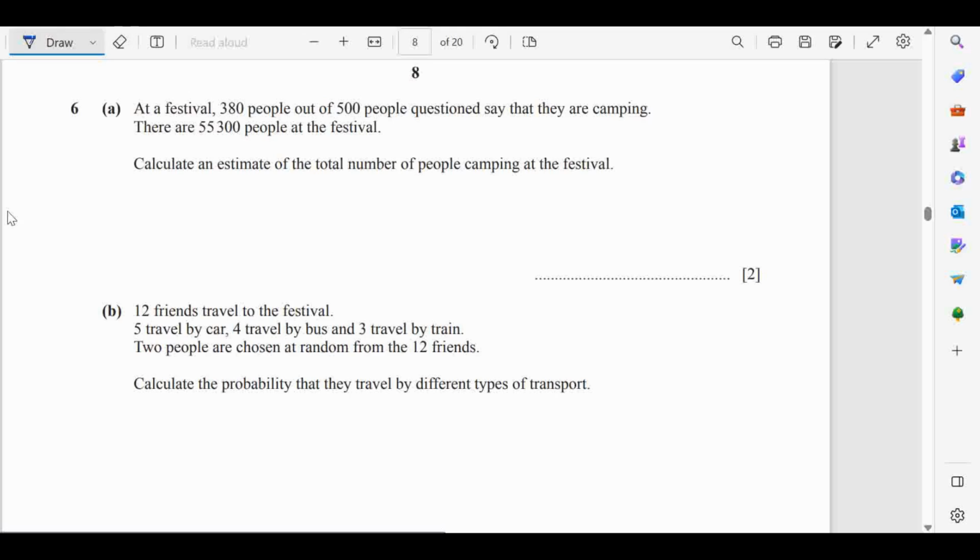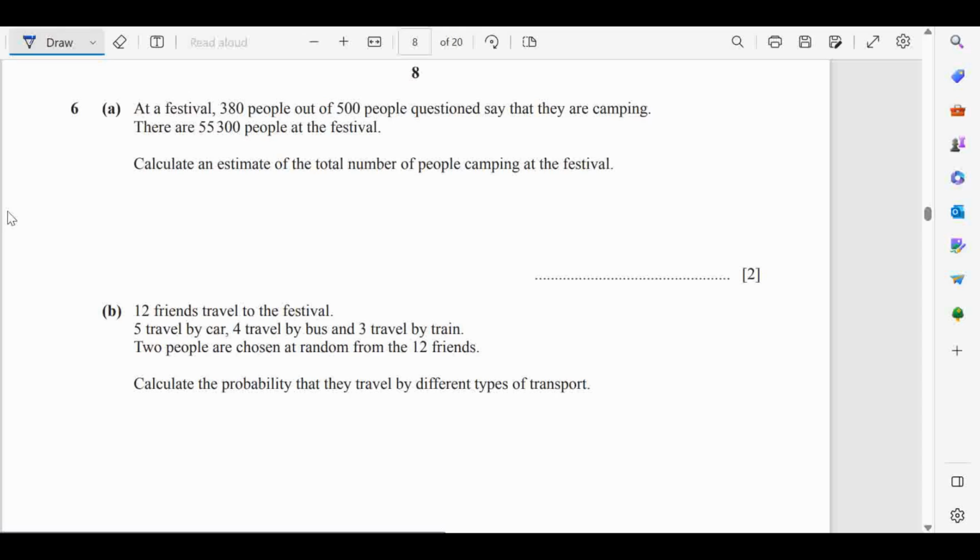Question number 6. At a festival, 380 people out of 500 people questioned say that they are camping. There are 55,300 people at the festival. Calculate an estimate of the total number of people camping at the festival.